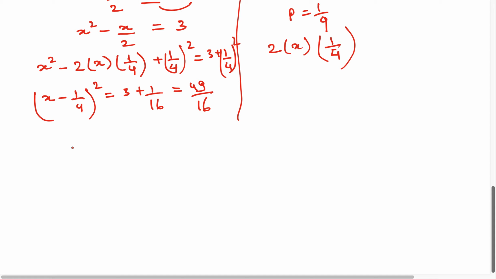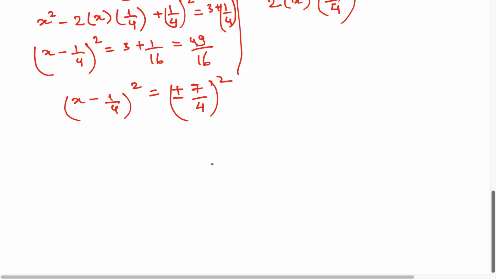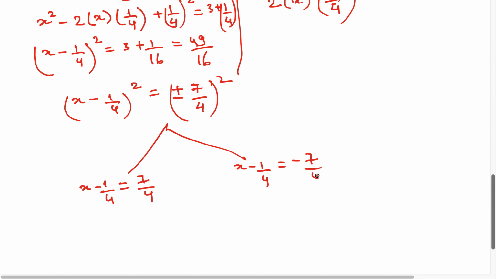And this will become x minus 1 upon 4 whole square is equal to either plus or minus 7 upon 4 whole square. Now you have to do like always. This will give you two parts, which is x minus 1 by 4 is equal to plus 7 by 4, x minus 1 by 4 is equal to minus 7 by 4.